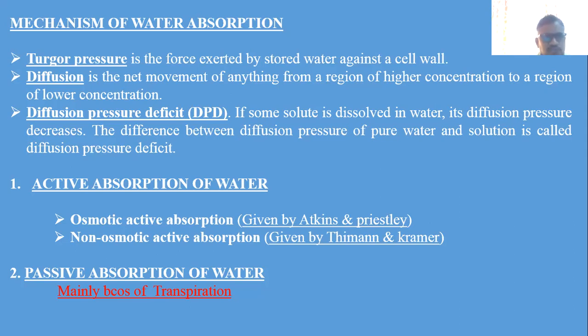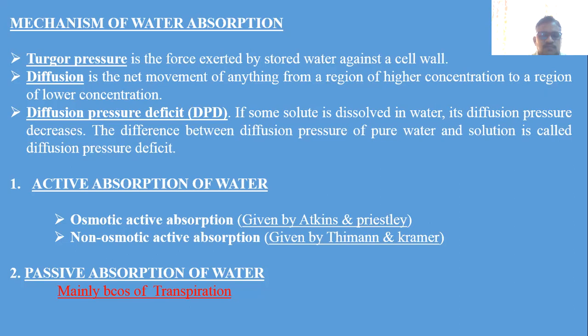Second, diffusion is the net movement of anything from a region of higher concentration to a region of lower concentration. For example, some layers of cells have different concentrations. In the outer layer, water is coming in, so the turgor pressure is higher because water is inside.